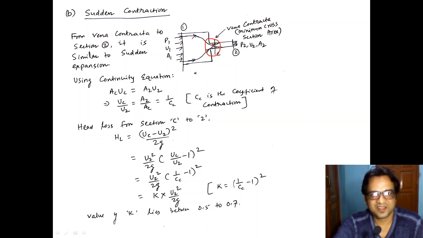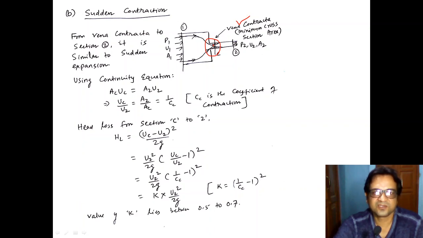So these are the two extreme streamlines, and the flow takes place between them. The flow will be along this area. The smallest area available for the flow between the two streamlines is known as the vena contracta, C.